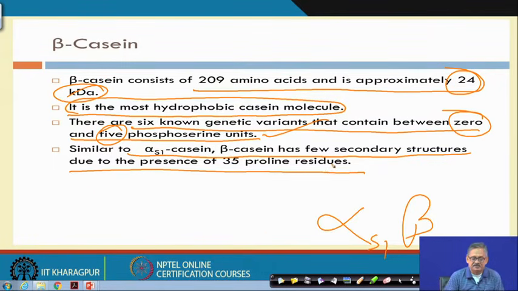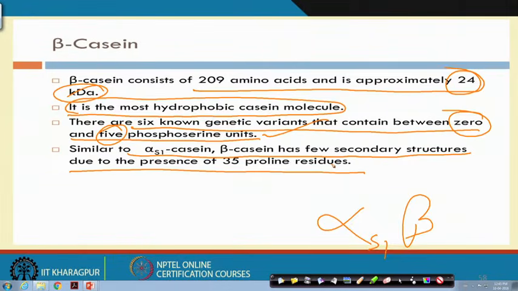35 proline residues, right. So, we said that the degradation or proteolysis of the protein is primarily due to the lack of secondary and tertiary structures in alpha S1 casein and beta casein.